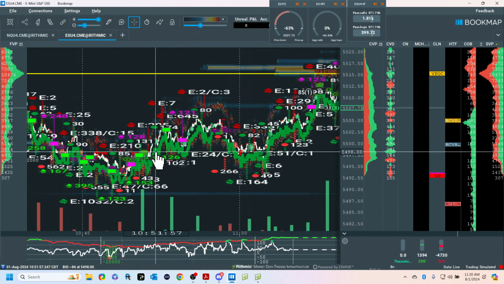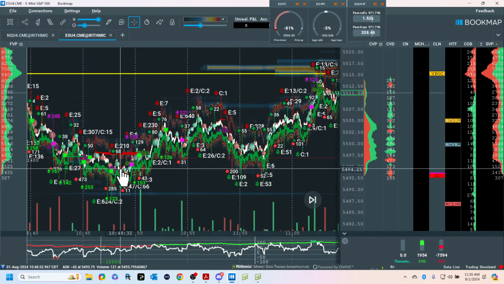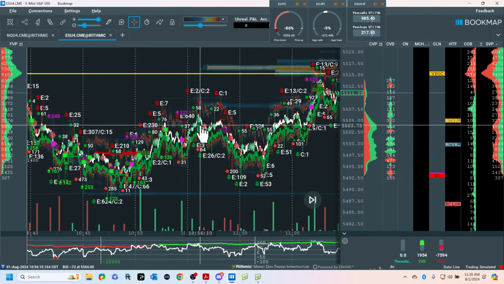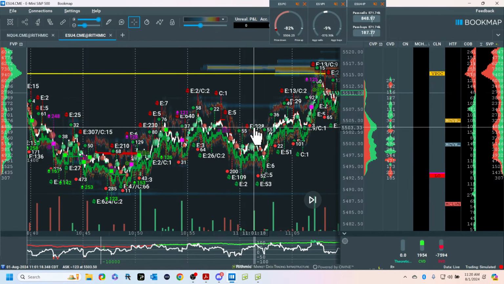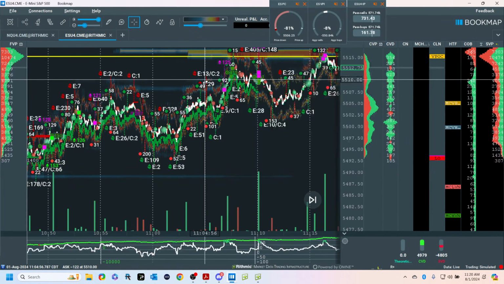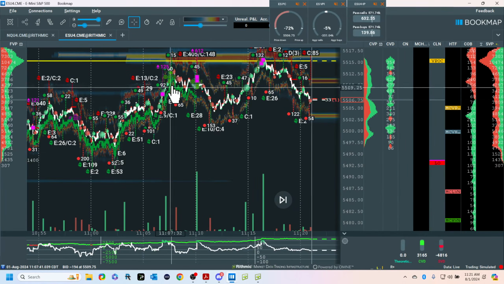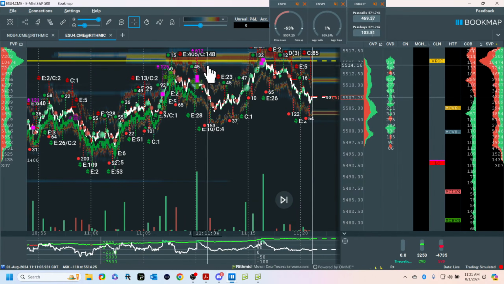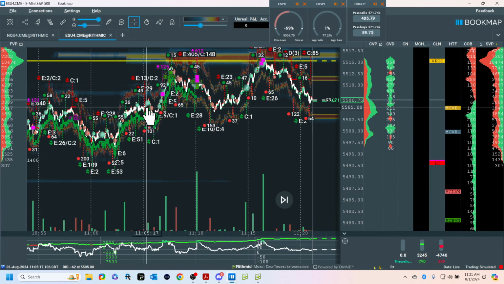Now we know where the buyers were is here, this volume, and then we also had buyers here. So there's a few ways to do this. You got to look at where the last buyers were. So this is support here. This is resistance. Then we have this here.